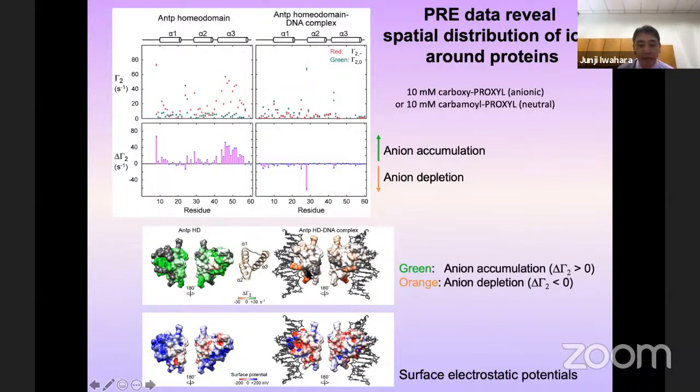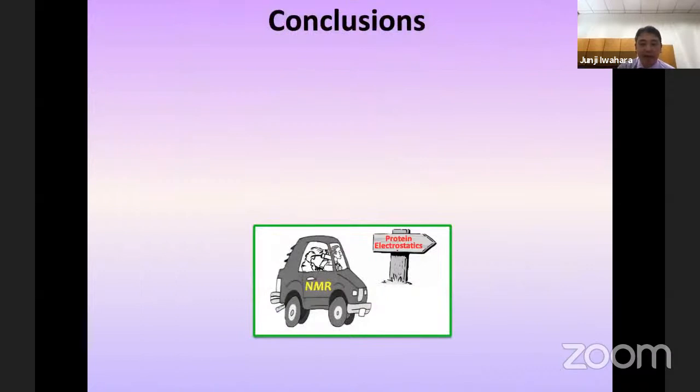But when the protein makes a complex with DNA, the protein surface also becomes negative in electrostatic potential, and that basically causes anion depletion. I should mention that this is also consistent with our diffusion data, showing basically anion release upon protein-DNA complex formation.